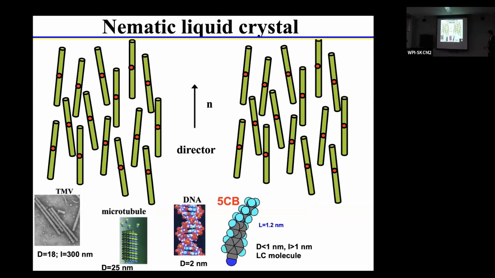Such liquid crystalline states of matter can be formed by a very large variety of building blocks, ranging from the small molecules I was already showing, this biphenyl and here in a different presentation, to DNA, to microtubules, to tobacco mosaic viruses, and many, many other types of nanoparticles of both synthetic and biological origin.